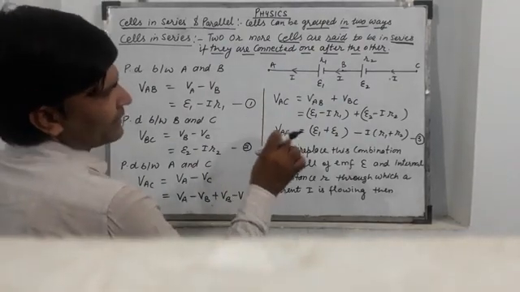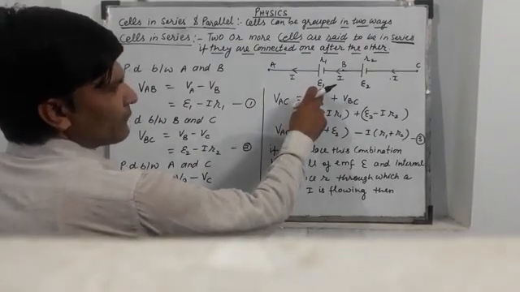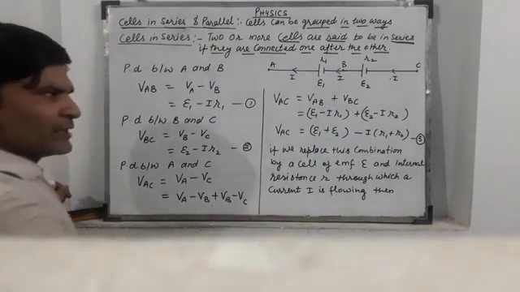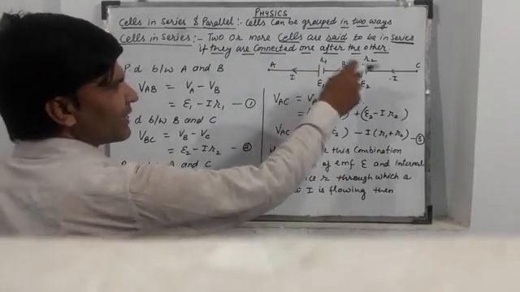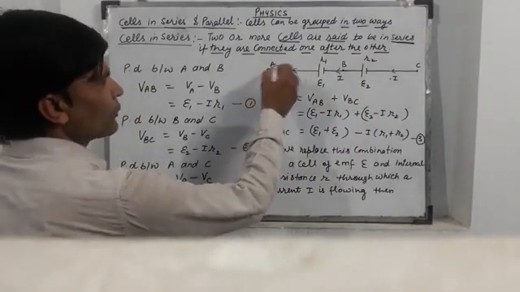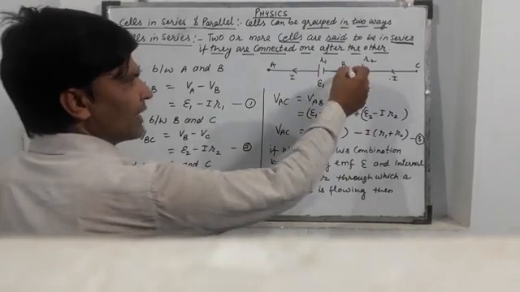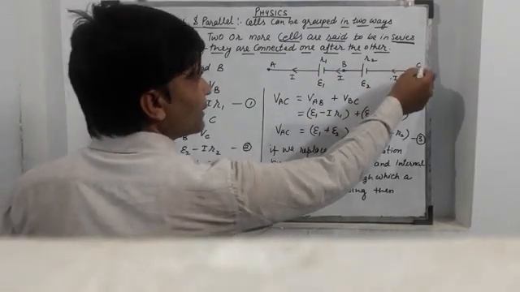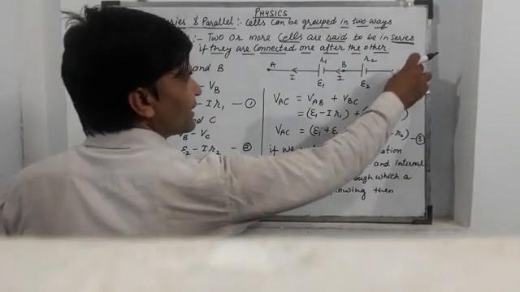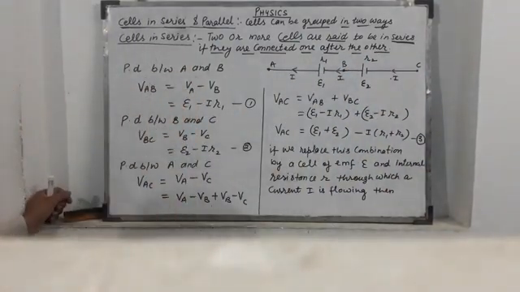Here two cells, one of EMF E1 and another of EMF E2, with internal resistances R1 and R2, are connected between points A and B and between points B and C, through which current I is flowing.